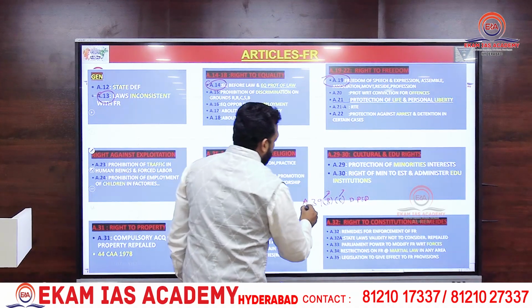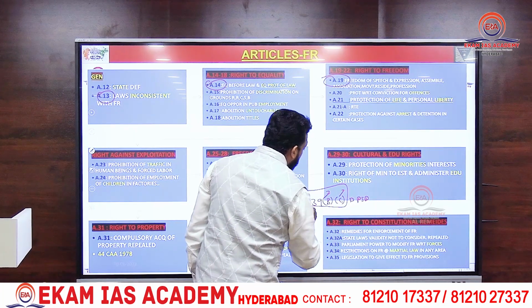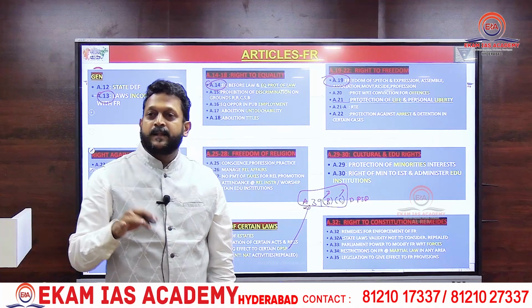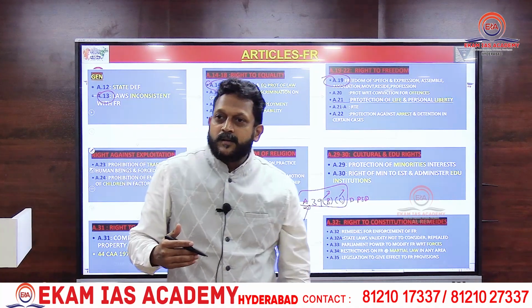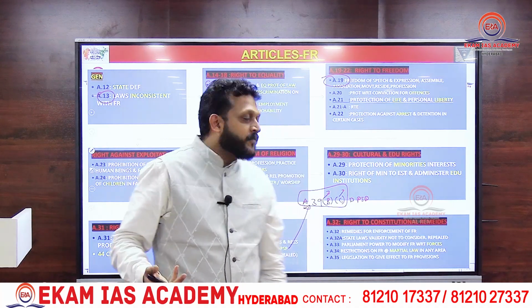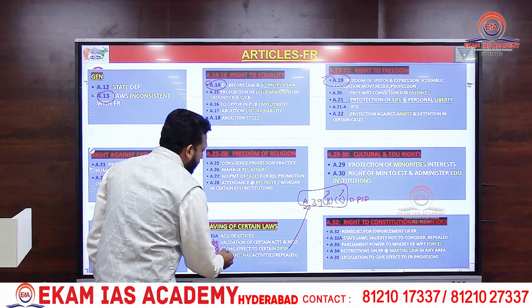So if the government is implementing to reduce the inequalities among the people, then it can infringe upon fundamental rights. Infringe means it can violate fundamental rights. That's what it has told initially.